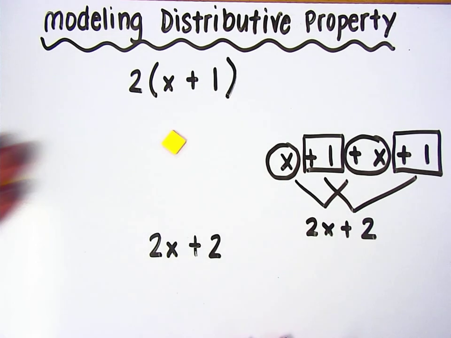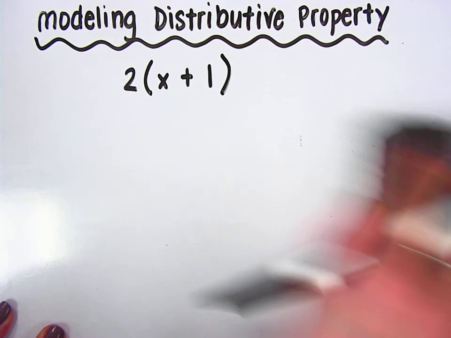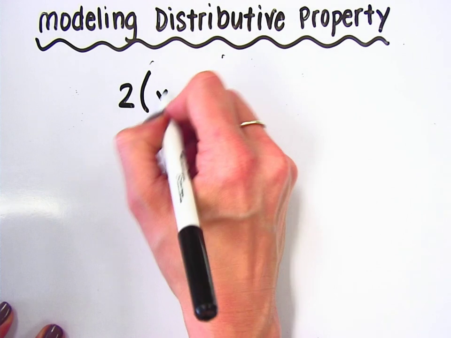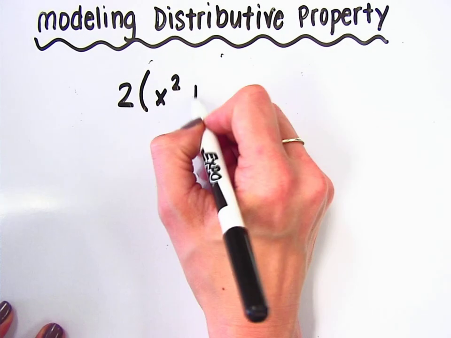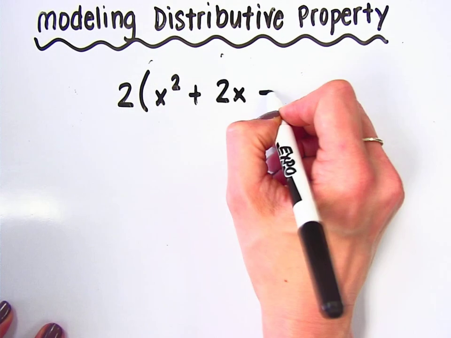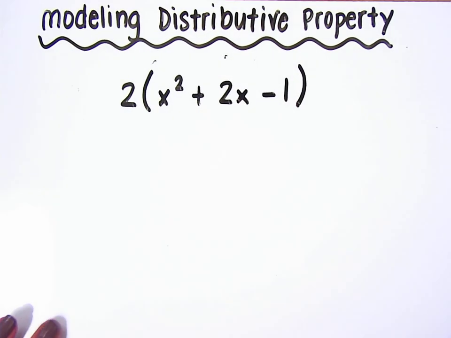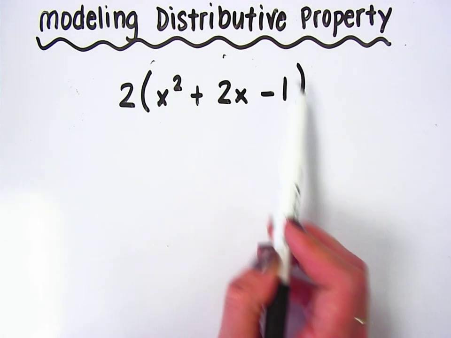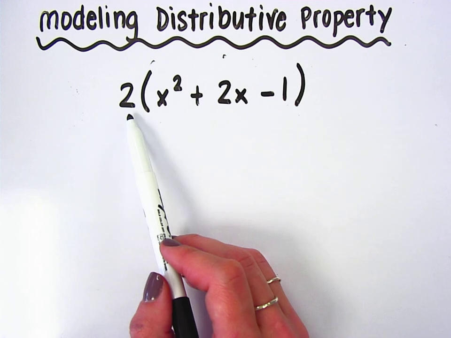Let's take a look at another example. We'll do 2 times the quantity of x squared plus 2x minus 1. When we look at this again, we know that we're going to have to do whatever's inside the parentheses first and then multiply by 2.